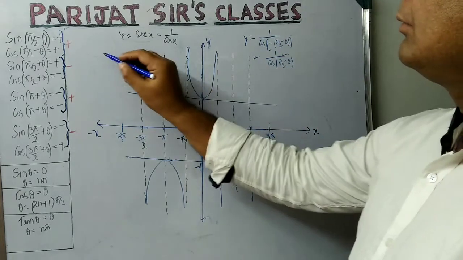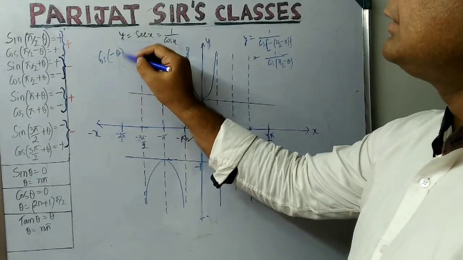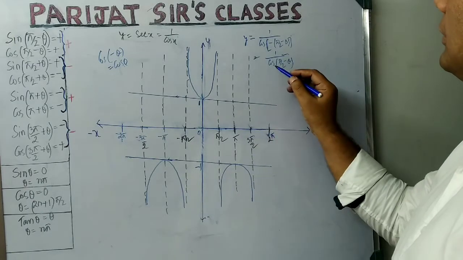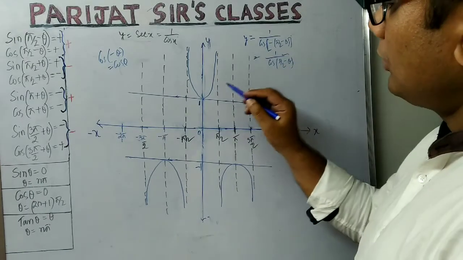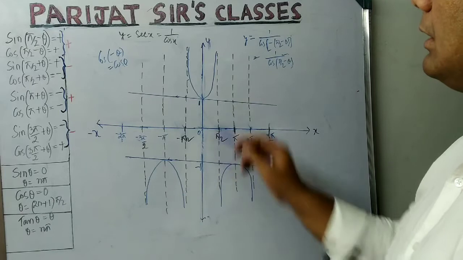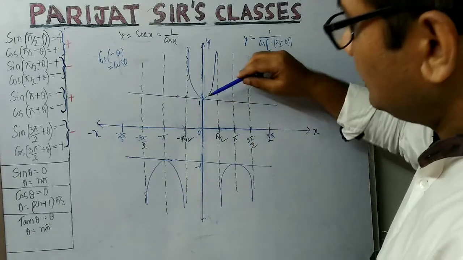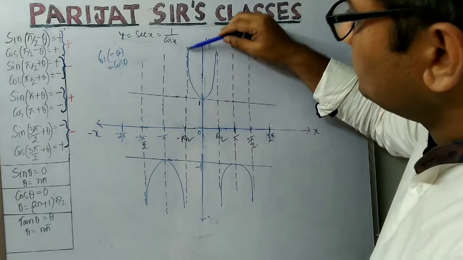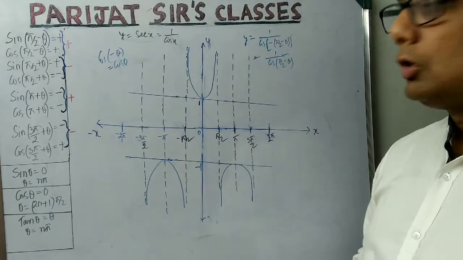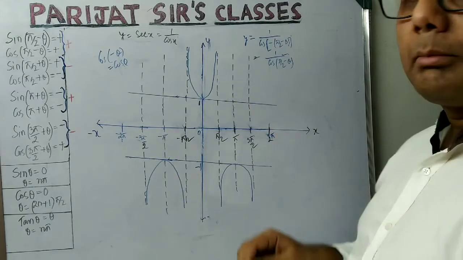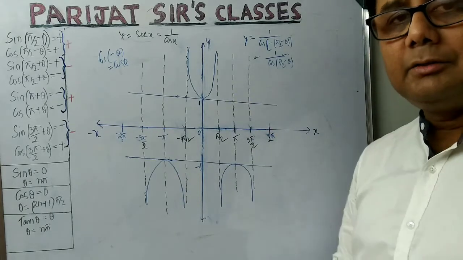As we already know, cos of minus theta is cos theta. So from here the minus will be out. So it will remain as pi by 2 minus theta, and we already know pi by 2 minus theta is in the first quadrant. So see, again this goes up. So the same pattern will remain. That means cos pi is minus 1.